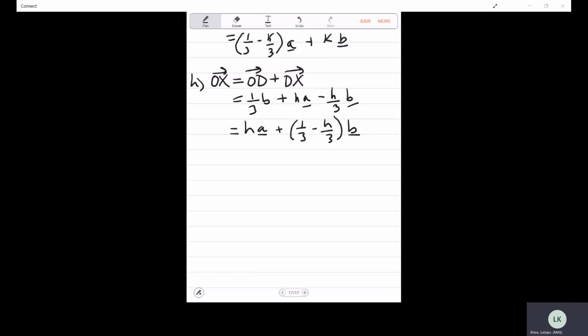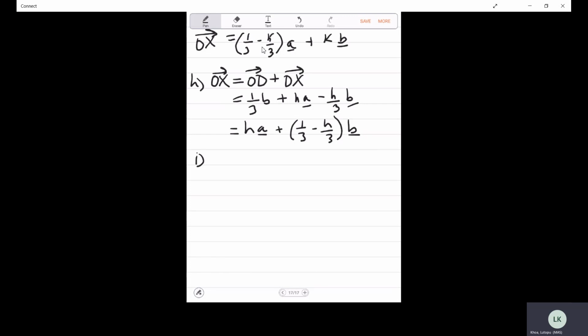Then the next question, that is I. Find H and K and the ratio in which X cuts DA. So now this is just solving simultaneously. So we have a vector, remember this is also OX, that is expressed in two different ways. It's expressed here in terms of K and over here in terms of H, but the vectors are the same.